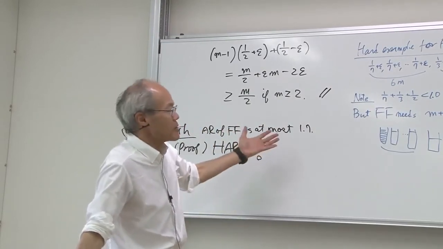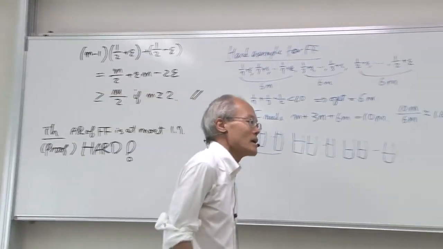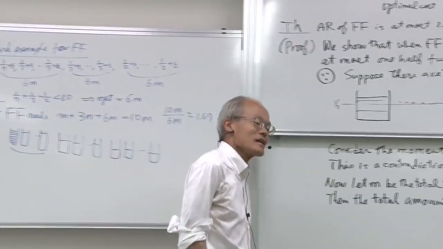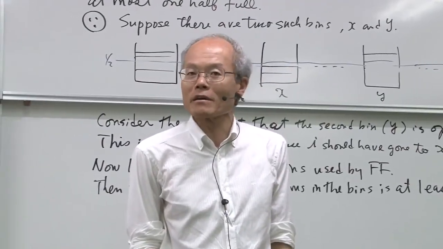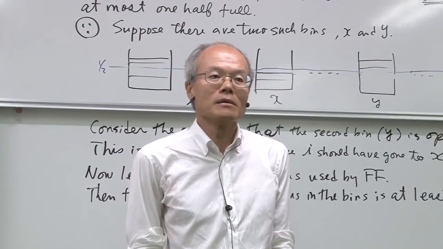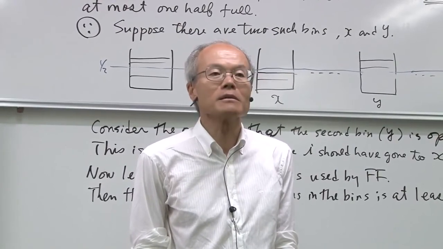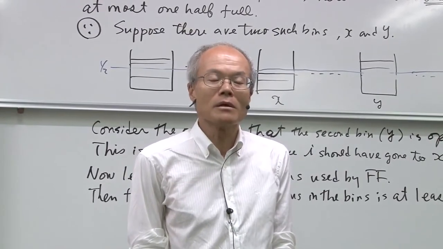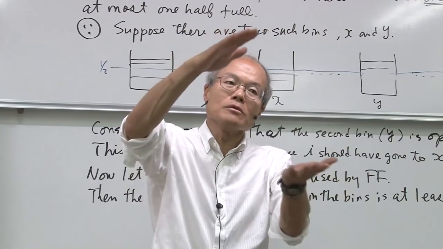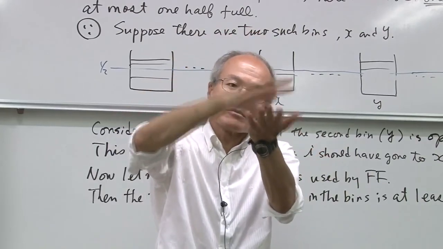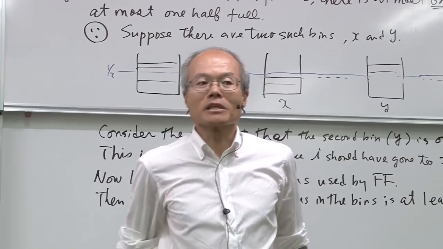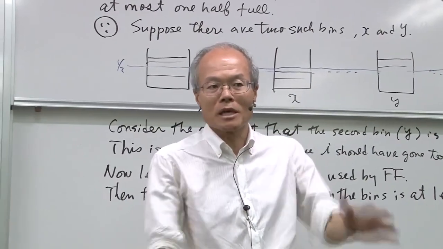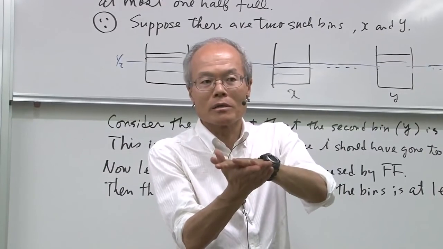This is a very natural problem, and also the algorithm is very natural. So for more than 50 years, people were trying to make the gap smaller and smaller.